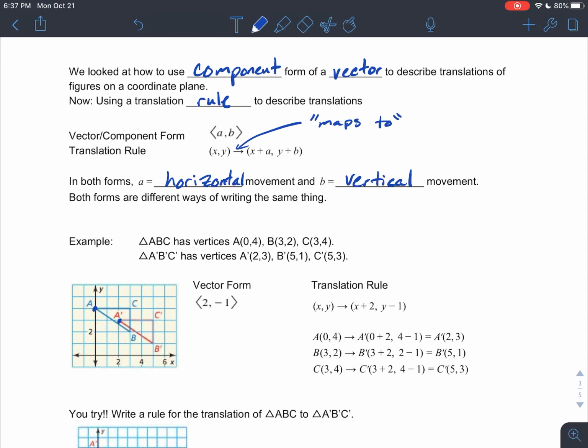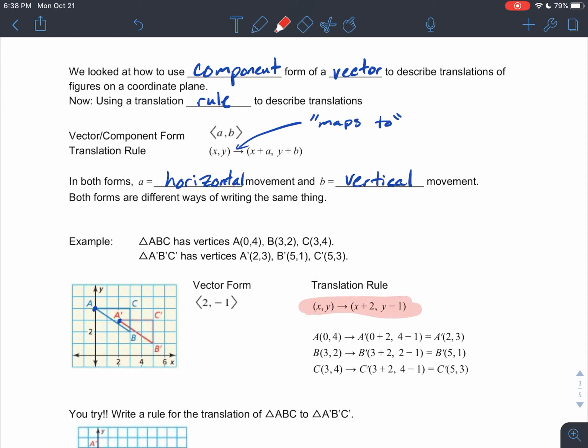To get from A to A prime, you went right 2, down 1. So the vector notation is just <2, -1> in the arrow brackets. Remember the a and the b in (x, y) maps to (x + a, y + b). a is 2, b is -1. So (x, y) maps to (x + 2, y - 1).